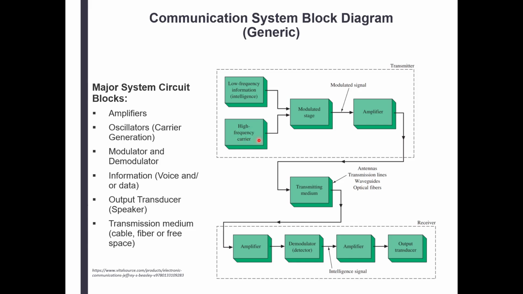Based on that high frequency, we modulate that high frequency carrier by low frequency information, the so-called intelligence signal, which would be the speech. For example, my speech would be an intelligence signal. Some people might argue, but I like that opinion. Let's say my speech is intelligent, okay?